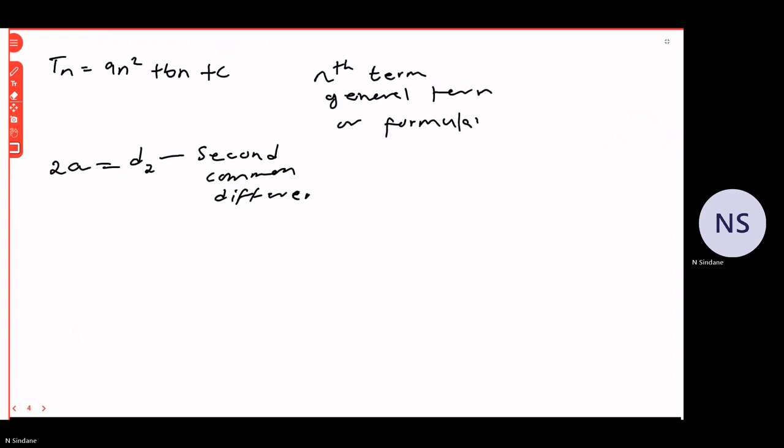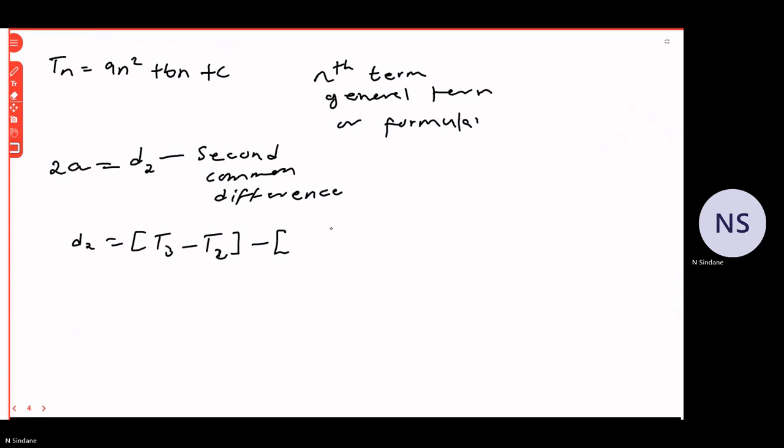Now you need to be able to calculate d2, and the way to calculate it is to say this is equal to (t3 minus t2) minus (t2 minus t1), right?